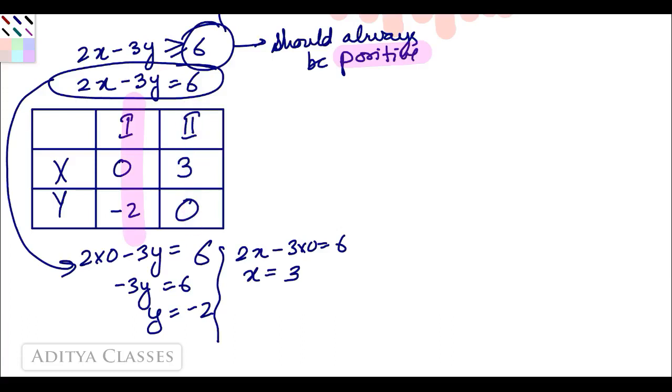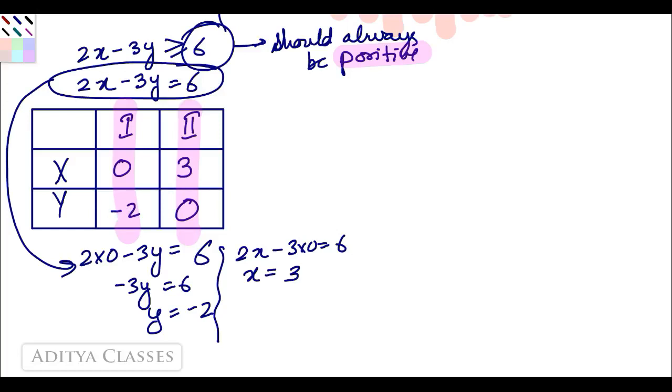Remember very carefully, students make an error of calling this their first point and this their second point. If I call this my first point, I'll be plotting it as 0, 3. And if I take this as second point, I'll be plotting it as minus 2, 0. So remember, this is my first point that I'll plot and this is my second point that I'll plot.